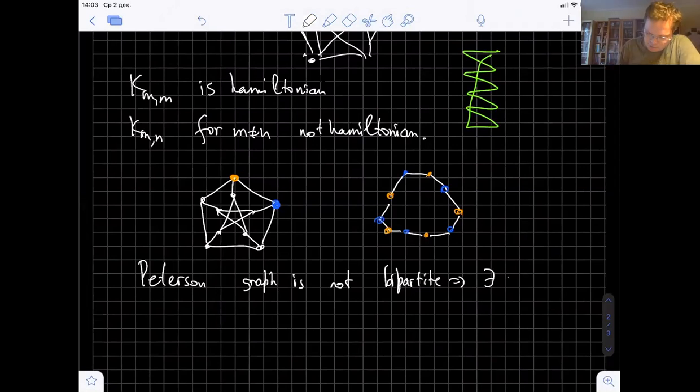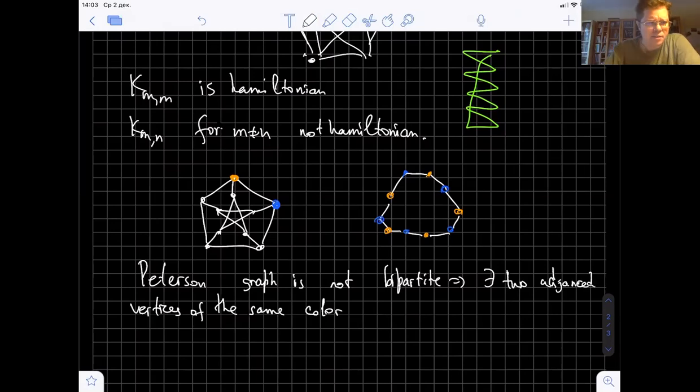Then there exist two vertices of the same color that are connected to each other. They are adjacent to each other.